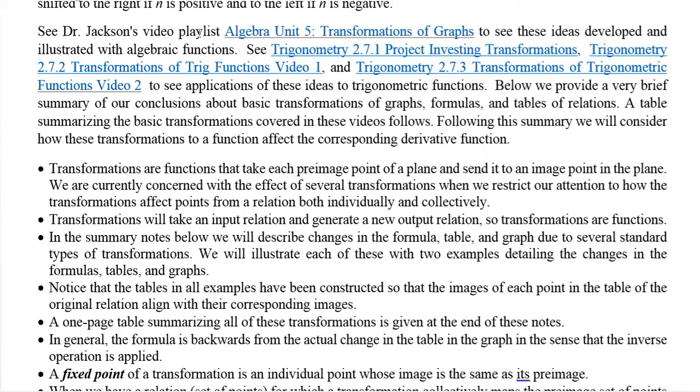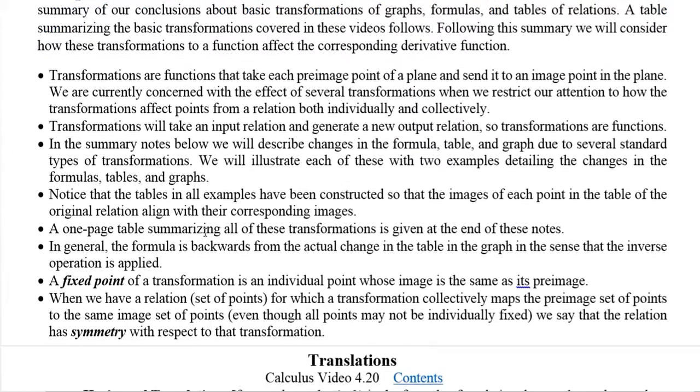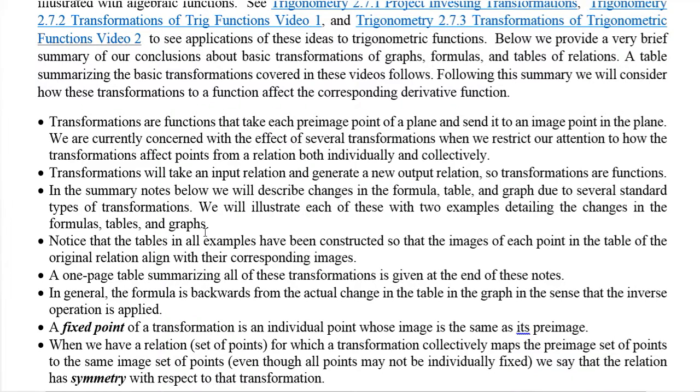In the following videos, we're going to take each of the most basic types of transformations that I mentioned a second ago, and investigate the basics of how these work with algebraic functions.